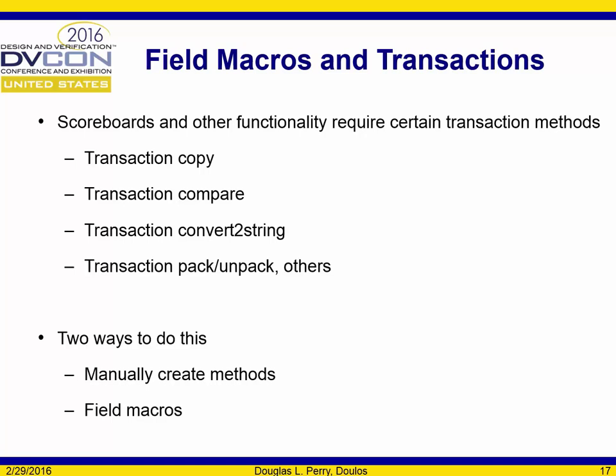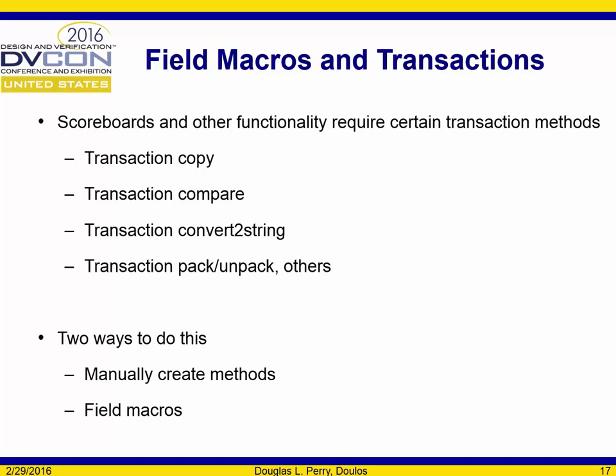All right, now, scoreboards and other kinds of components require a certain number of methods be there. For instance, copy. A lot of times you want to have a copy method because you've got, let's say, a sequencer that's generating your sequence items. And what can happen is that you basically randomize the same object over and over again, which is, of course, going to give you good randomization behavior, as opposed to randomizing a new object every time, which is going to give you less good randomization behavior.